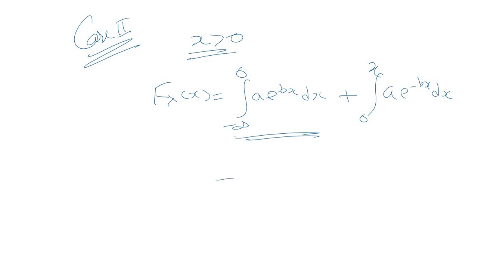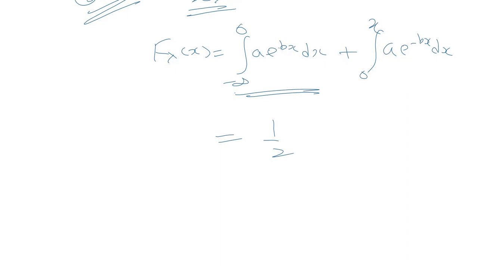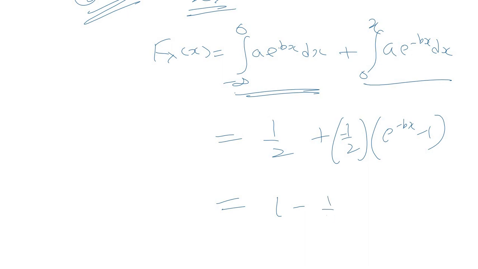If you substitute x equal to 0, it comes out to 1 by 2 as seen in part 1, plus if you simplify this integral, it comes out to be 1 by 2 minus 1 by 2 into (e raised to power minus bx minus 1), and if you simplify it further, it becomes 1 minus 1 by 2 e raised to power minus bx. So for the range x greater than 0, this is the CDF.